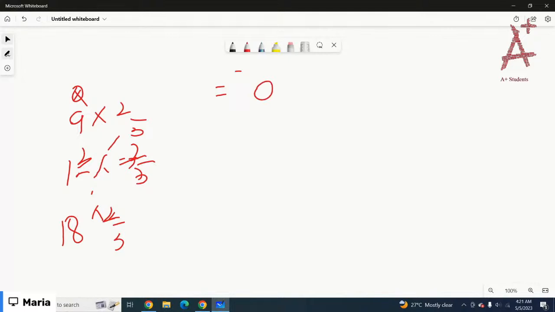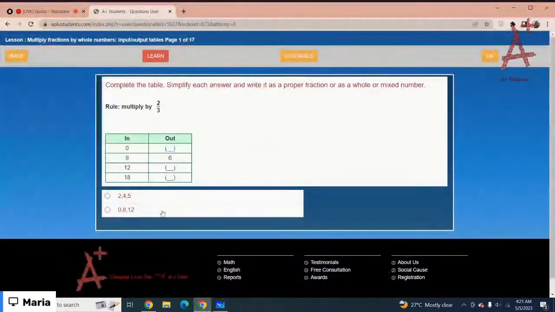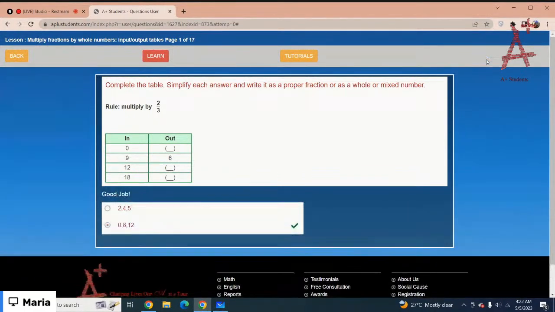Here you have 3 times 1 is 3 and 3 times 3 is 9, so 3 times 2 would be 6. The next one is 3 times 1 is 3, 3 times 8 is 24, it would be 8. 3 times 6 is 18 and 6 times 2 is 12. So it would be 0, 6, 8 and 12. The correct option is 0, 6, 8 and 12, so option number 2 is the correct option.